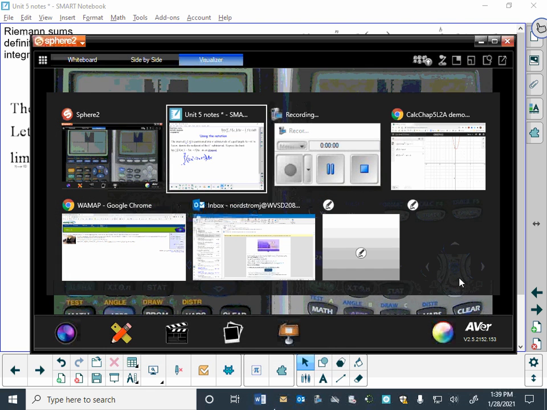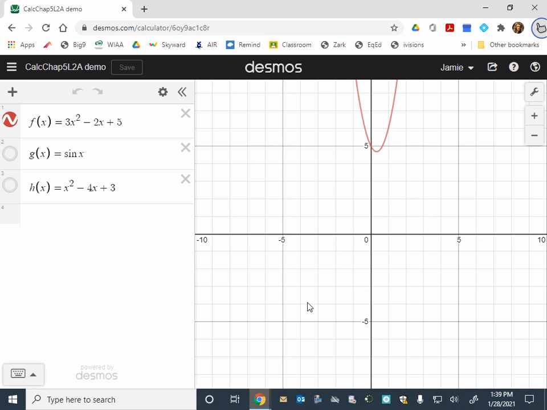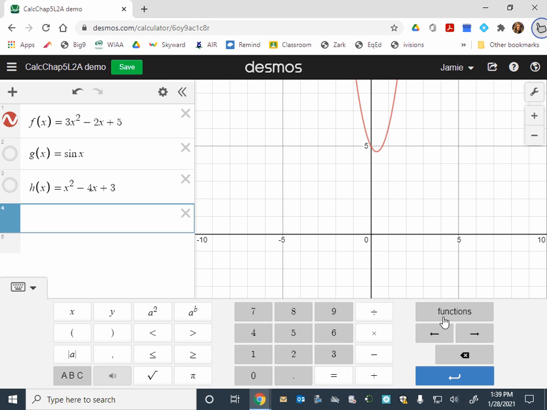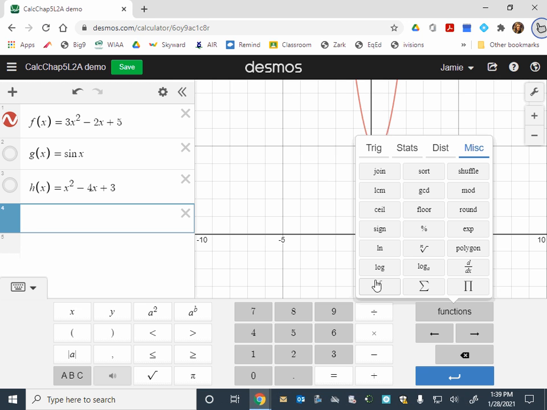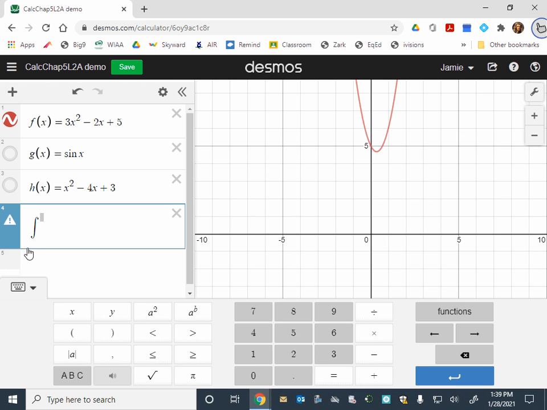Okay? So let's pop into Desmos here. If we're going to do this in Desmos, I've already entered the 3x squared minus 2x plus 5 as a function here. It's not going to do the cool graph business over here with the shading, but in my keypad, and under the functions, if I go into the miscellaneous, then I can find my integral sign there.